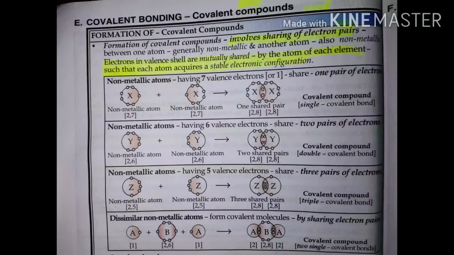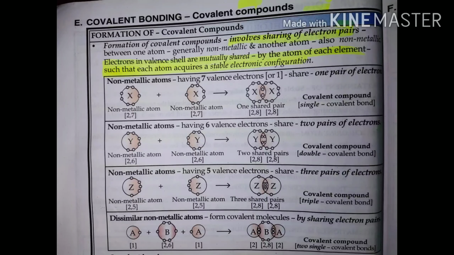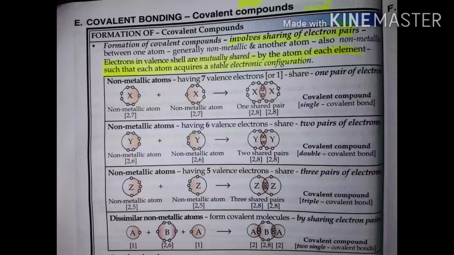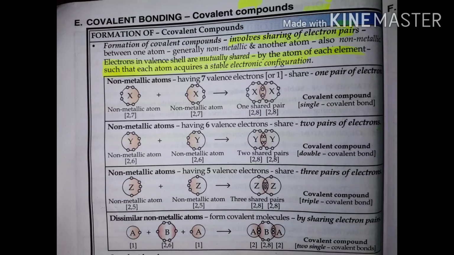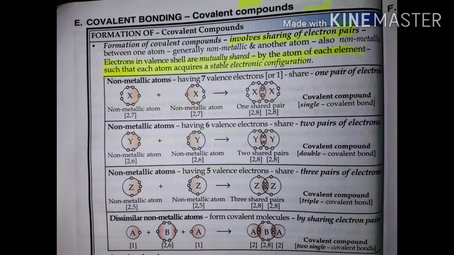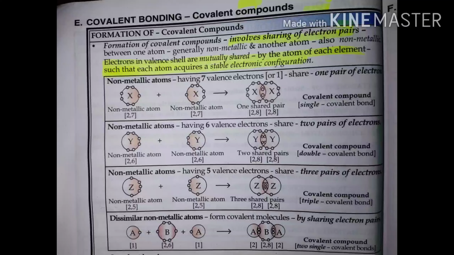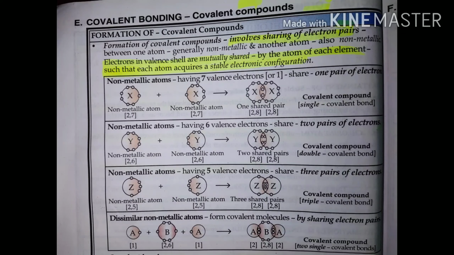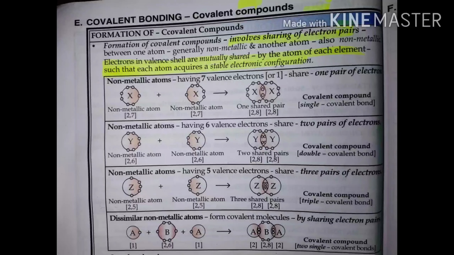Formation of covalent compounds involves sharing of electron pairs. It means in these compounds, electrons are not donated or accepted by atoms. Instead of that, they share electrons. Electrons in the valence shell are mutually shared by the atoms of each element. Such types of bonds are called covalent bonds.